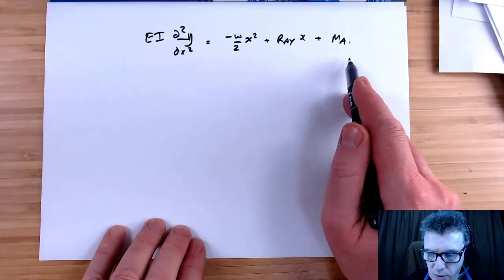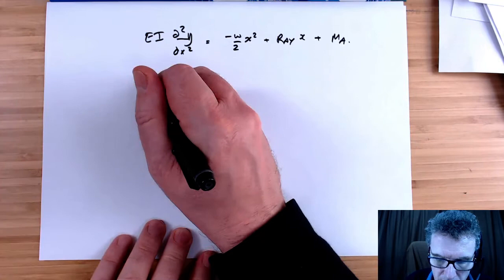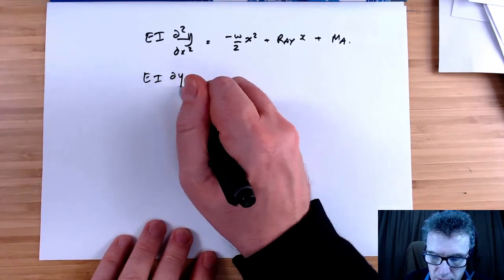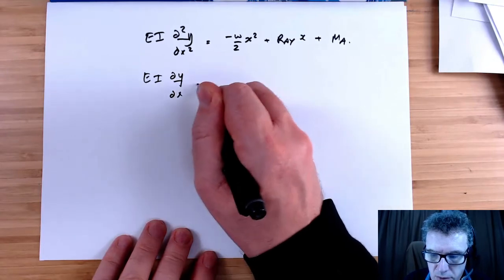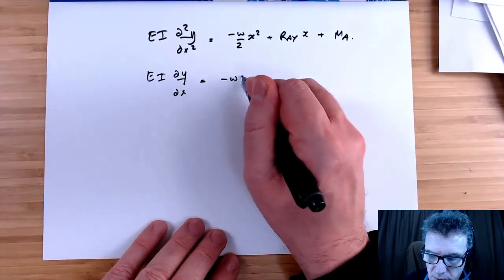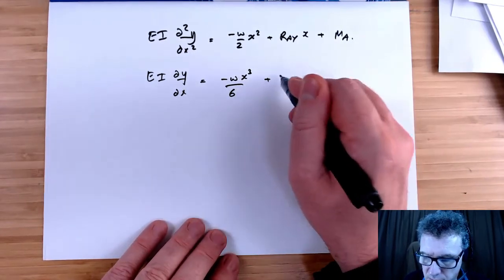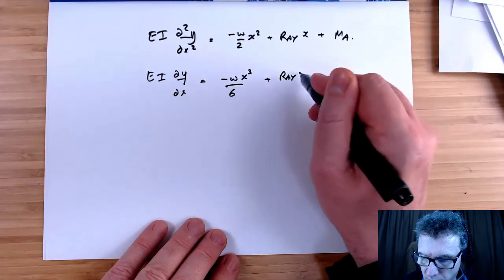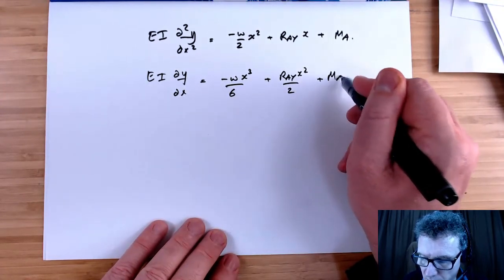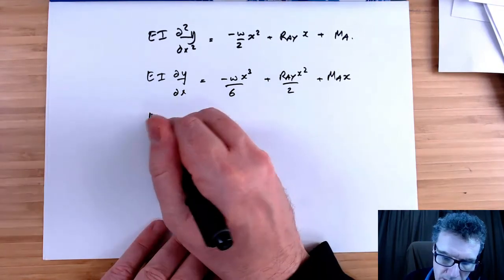So, got that. What's the first thing we're going to do? We're going to integrate that. EI dy/dx, so it becomes a first order differential on the left hand side. Integrate this: minus little w x to the power 3 over 6 plus RAY x squared over 2 plus MAx. Integrate that again.